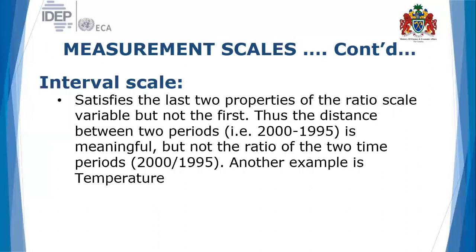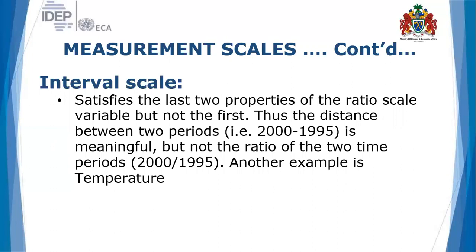The second scale is the interval scale. Data under interval scales will satisfy the last two properties of the ratio scale variables, but not the first. So the first was the determination of ratio.